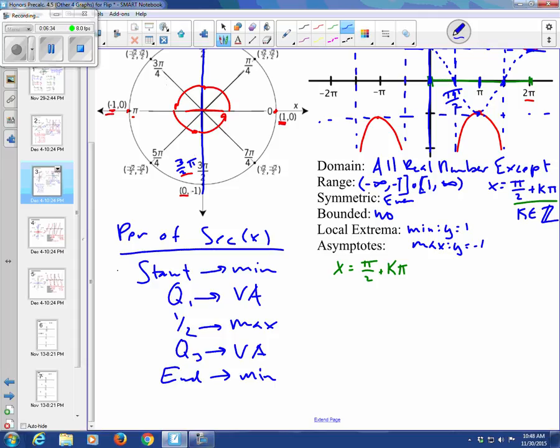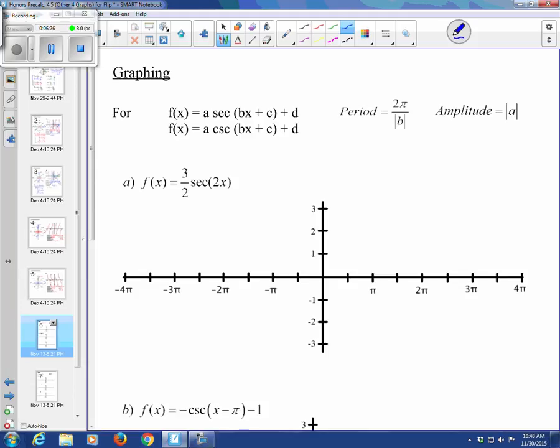And what we're going to do now is talk about how to graph these periods with the same transformations that we saw before. Just like with sine and cosine, all of the same additions, subtractions, and multiplications result in the same transformations for our graphs of secant and cosecant.